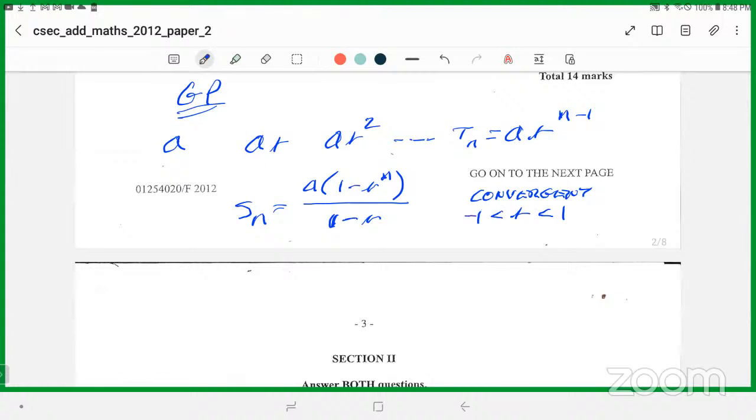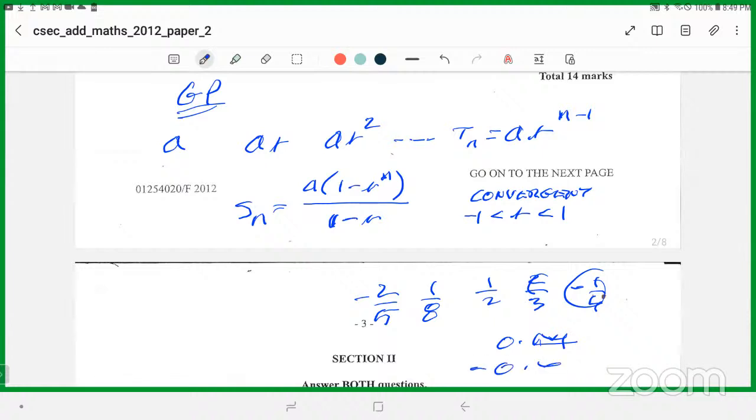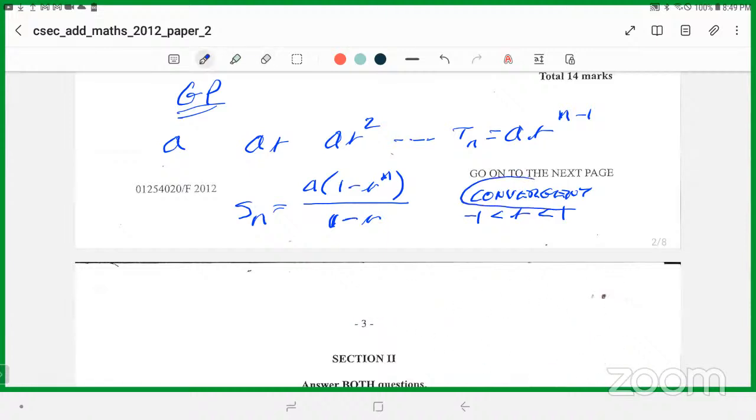The common ratio is a fraction, like half, not 3 over 2, because 3 over 2 is bigger than 1. 2/3, -1/4, 1/8, -2/5. All those fraction values that we work out as 0 point something, or -0 point something as a decimal. A GP like that has what we call a sum to infinity. It is convergent and converges to a sum to infinity when the R is between -1 and 1.